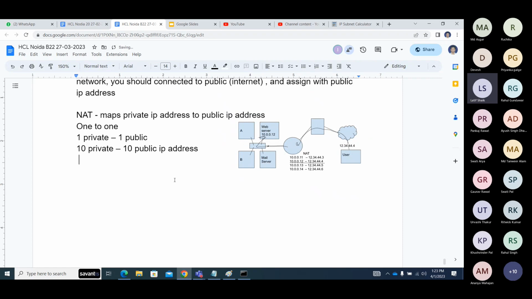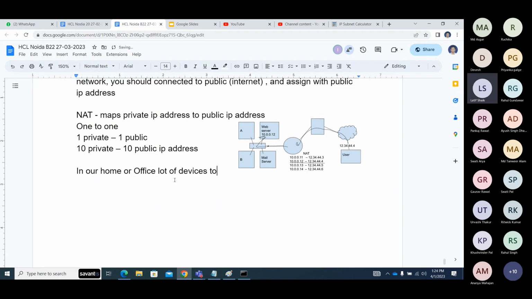Then what is the other part? Guys, in our home or office, we have a lot of devices.